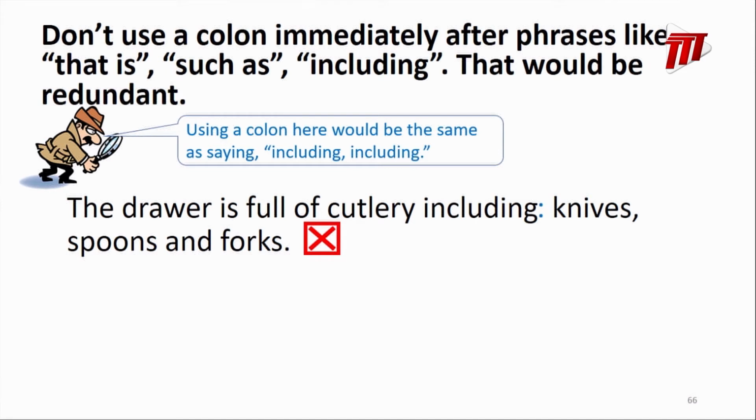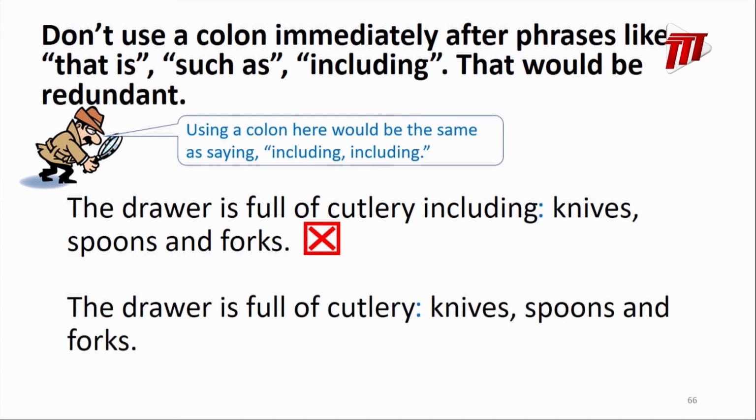Using a colon here would be the same as including. So we just have the drawer is full of cutlery: knives, spoons, and forks. The colon kind of replaces the word including, and it's the punctuation mark that we're looking for.